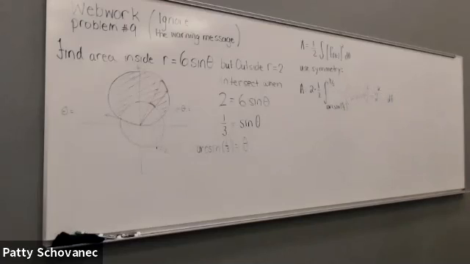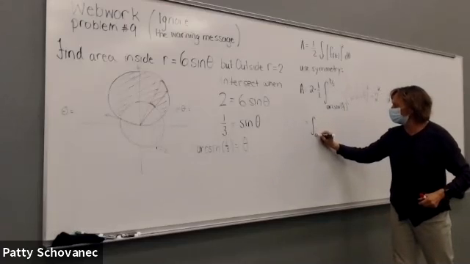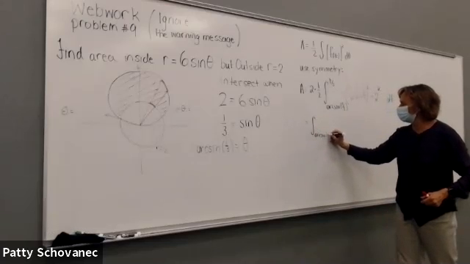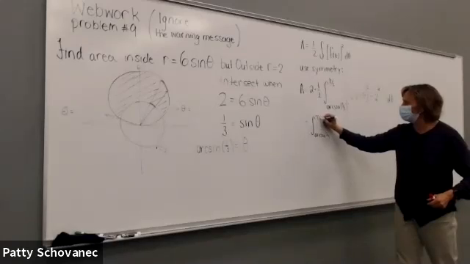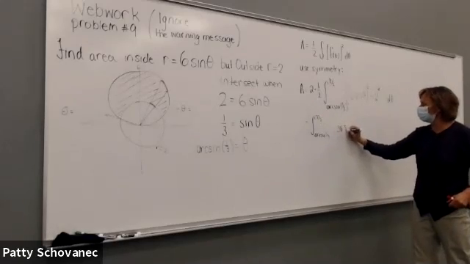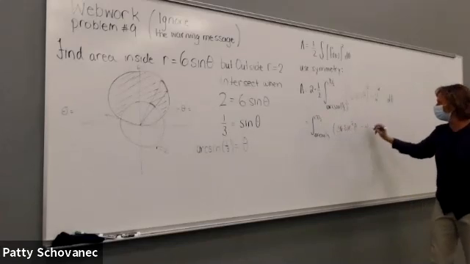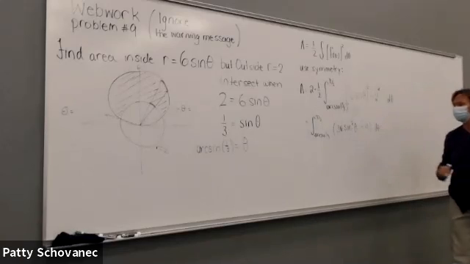All right, so let's do all the fun stuff in between. Here I get 36 sine squared of theta minus 4 d theta.